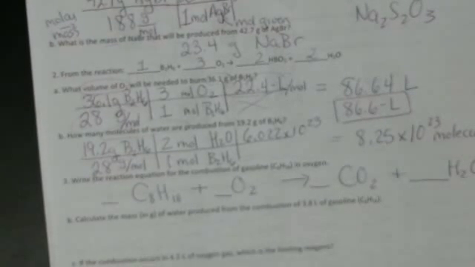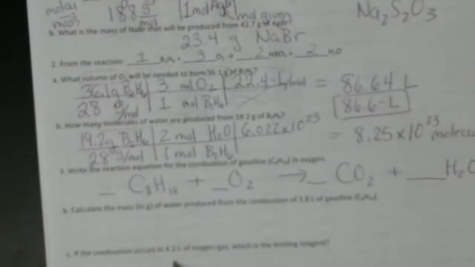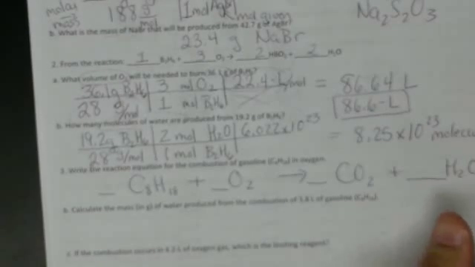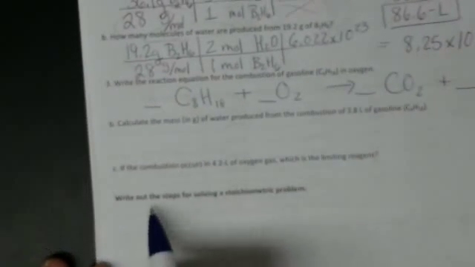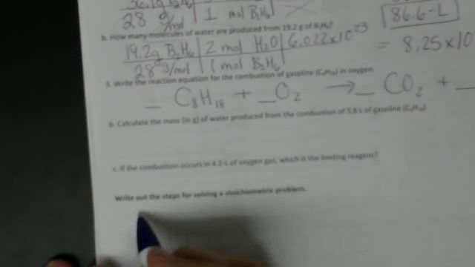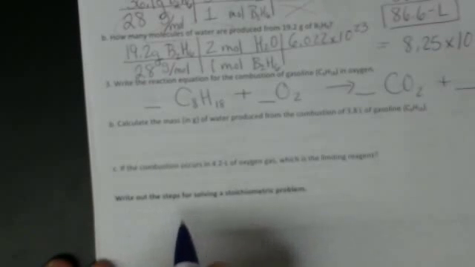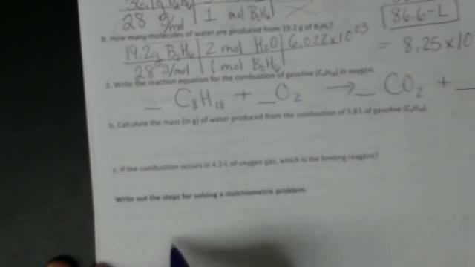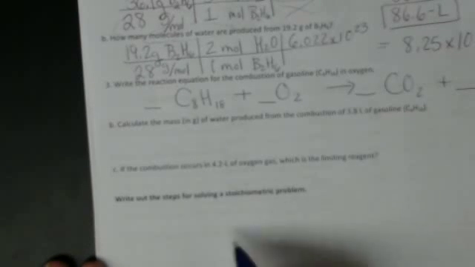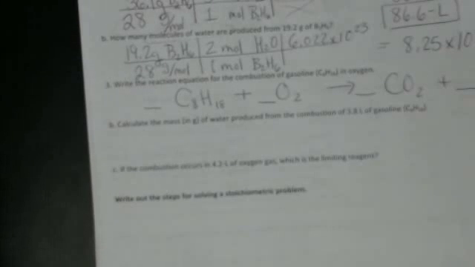I'm going to leave this for you to practice on your own. In addition, try writing out your steps for solving a stoichiometry problem. You may want to say, if you're doing a mole to mole, if you're doing a mole to mass, and write it out. And if you need more space, or if you'd like to make yourself a flow chart or something, please by all means do so. The more details you give yourself, the better.